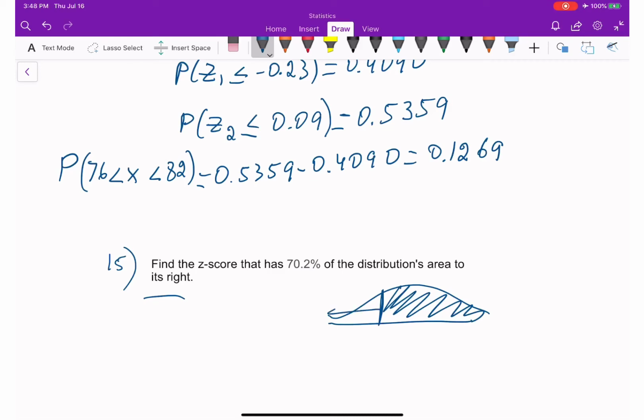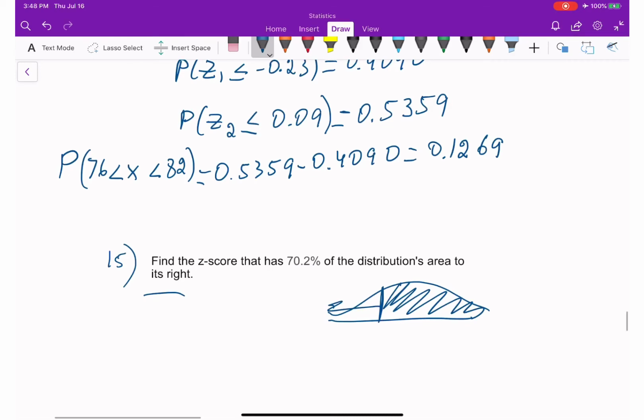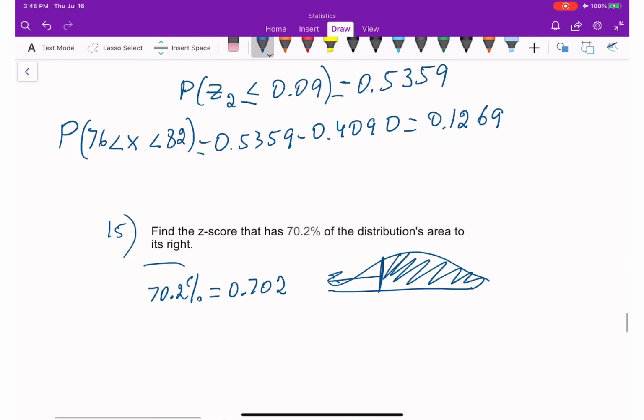So we need to find this area first, right? First of all, 70.2% in decimal notation is 0.702. Then to find this shaded area, we need to subtract, correct? Why are we finding it this way? Because the table shows the area to the left, that's why. But the z-score is going to be the same anyway, so it doesn't matter.